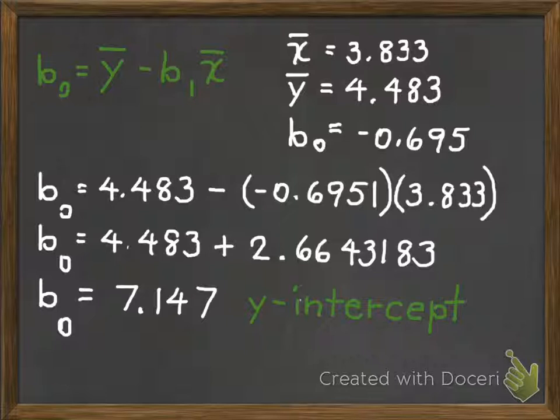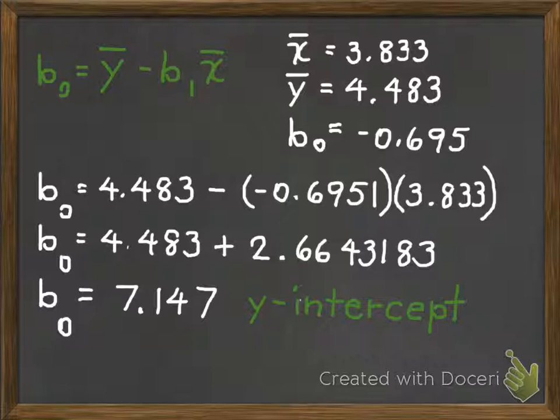So now that we have our slope, we can calculate the y-intercept of the least squares regression line. Recall the y-intercept is equal to the mean of the y values minus the slope times the mean of the x values. You already know how to calculate mean by hand, so we'll use technology. The mean of the values for the explanatory variable x comes to 3.833 approximately.